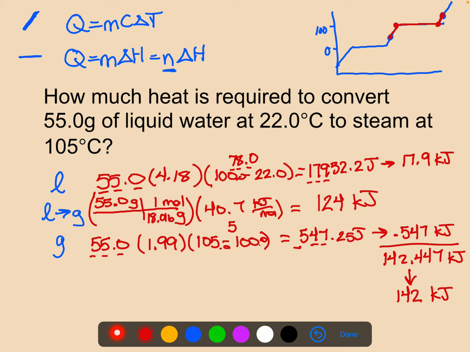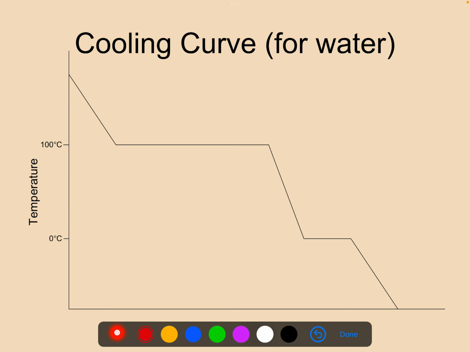for each individual problem. So that was looking at a heating curve where it was constantly absorbing energy as time went on. We can also look at this if it is decreasing energy and releasing energy as time goes on. So here's a cooling curve for water.